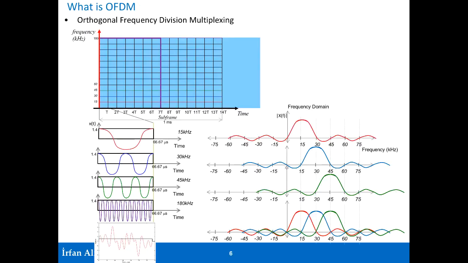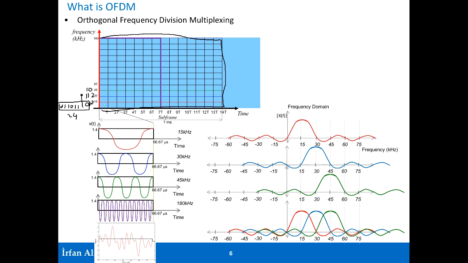Let's quickly cover how the OFDM signal is generated. In the previous figure, we had said that this entire resource block is provided to one UE. Let's assume that you're doing QPSK, and you're providing 2 bits in each of these carriers. So you've got 24 bits of information, 0, 1, 1, 0, 1, 1, like this. You take these 24 bits and you provide the first 2 bits to the 15 kilohertz, the next 2 bits to the 30 kilohertz, the next bits to the 45 kilohertz, and so on.